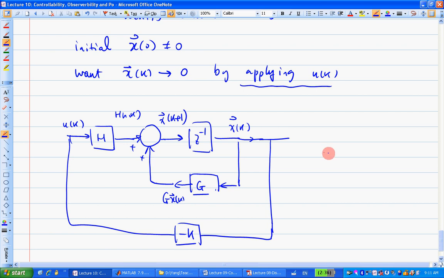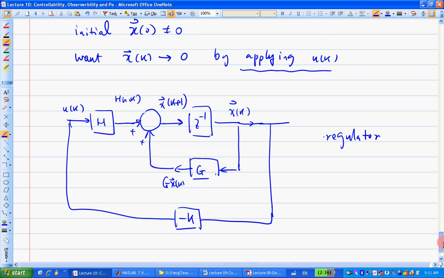So this is what we call a regulator. We're going to look at the reference control problem later, but now it's just a regulator. So what's the result of the regulator? This x of k will be 0 after a certain number of sampling instances.